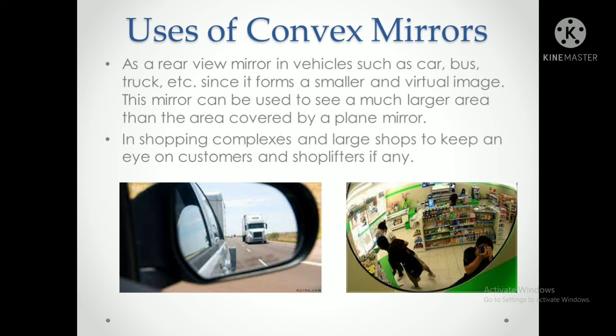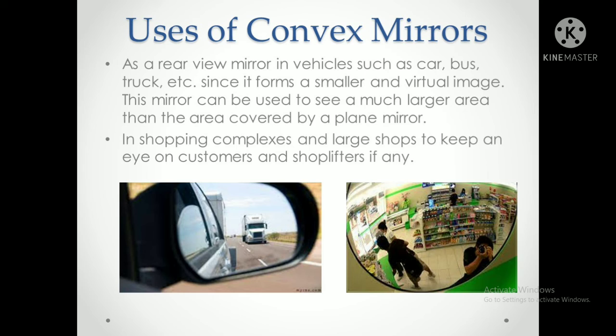But with the concave mirror, one very large view can be seen. So that is the difference between these two. It is also used in shopping complexes and large shops to keep an eye on the customers and the shoplifters, if any. So these are the uses of the convex mirror.